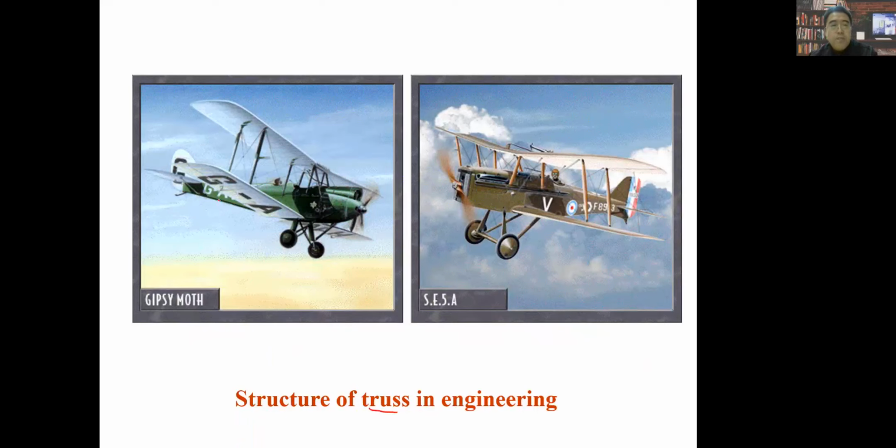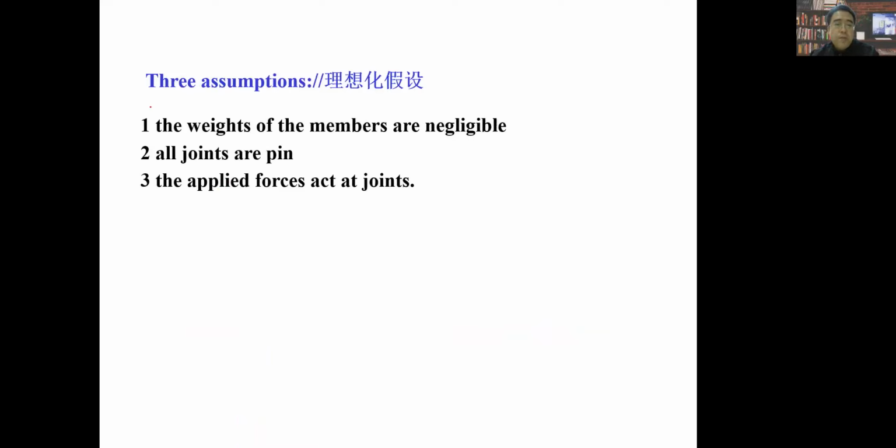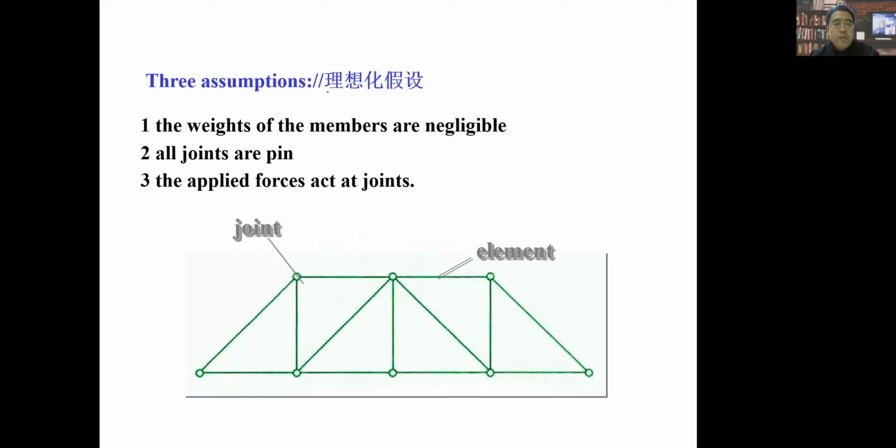After we see all these pictures, if we try to do some calculation, we should give three assumptions. In Chinese, we call that 理想化假设. These assumptions maybe induce some errors, but these errors are very tiny.